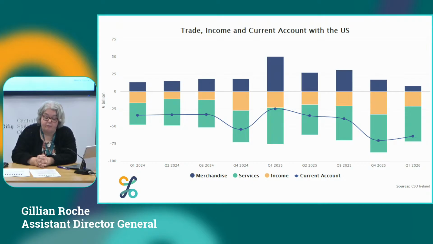And the net income outflows have decreased by 2.2 billion compared with this time last year, and by 12 billion compared to the last quarter. So the combination of all of these, of the positive merchandise balance with the negative services balance and income, gives us that overall deficit of 64 billion.